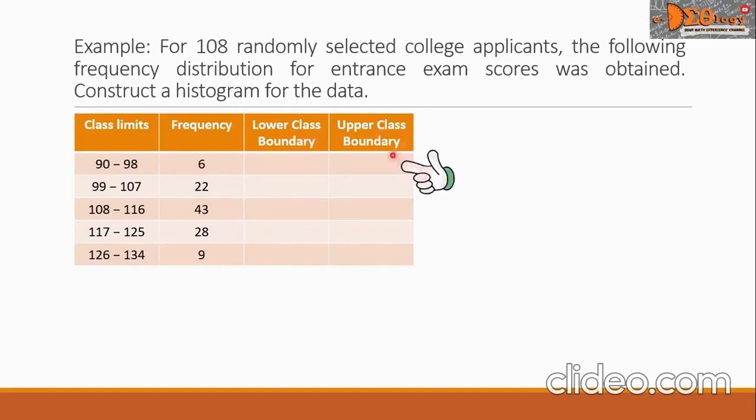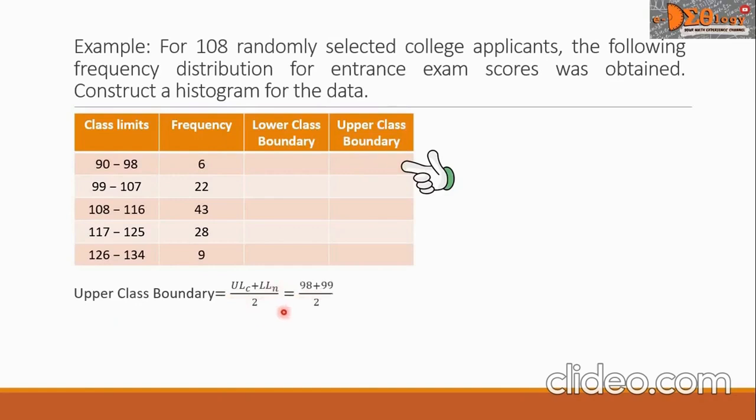Let us now solve for this first blank here for the upper class boundary, which is for the first class interval. The formula is given to us, which is upper limit of the class plus the lower limit of the next class divided by 2.